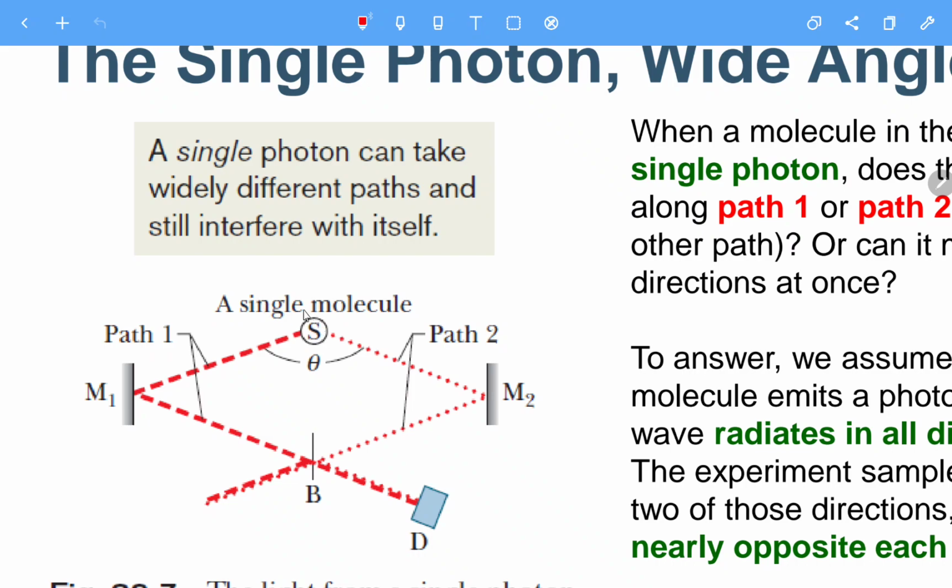It tried to shoot out a single molecule from the source along two paths. There will be two paths, path 1 to here. There is a mirror here, and then there's another mirror here, and this is path 2.